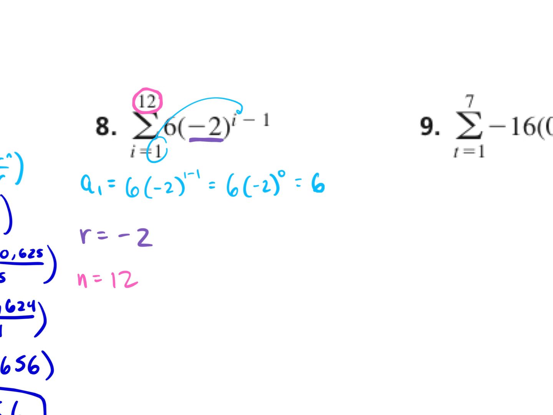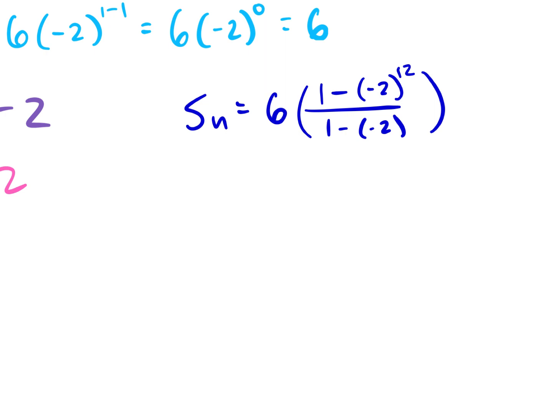So let's plug it all in. So S sub n is equal to a sub 1 times 1 minus r to the power of n divided by 1 minus r. So be careful when r is negative. Doing the same thing, but you just got to be extra careful with your signs.